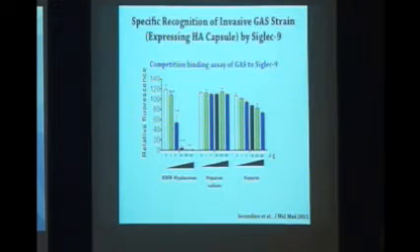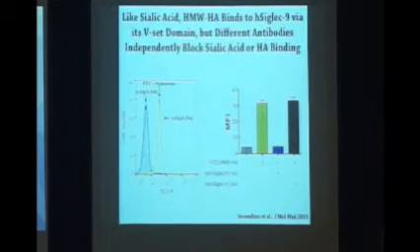And remember that group A strep is making a capsule that mimics the human hyaluronic acid. And in fact, what we saw is that group A strep could also bind Siglec in a manner that was dependent on its hyaluronic acid.